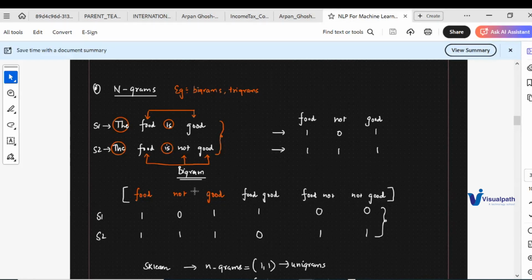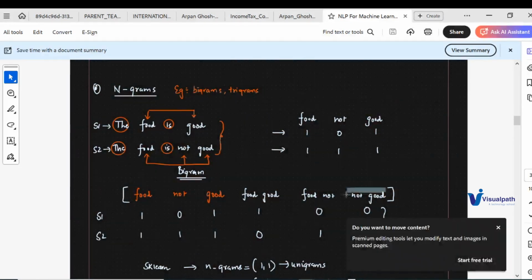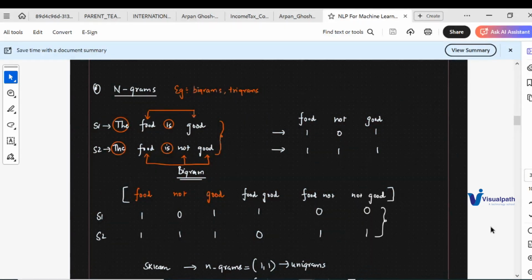Now these are my single unique words, unigram. Now I want to make it bigram. So every word has a combination. See here: food good, food not, not good. So this "not good" is our interest. With this we are checking all the combinations, so that we are able to capture the meaning or semantic information.